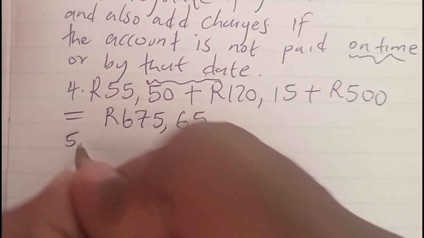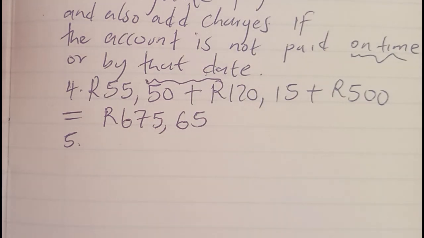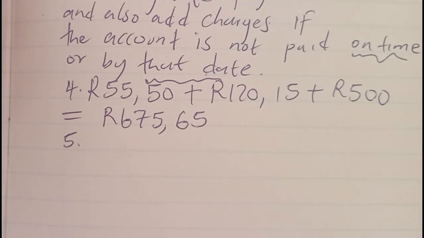So number 5 says calculate the value of A and B. Remember, we answered that one, and the amount that we will get on number A will be the same as number B, because number B is a closing balance. So let's calculate it.